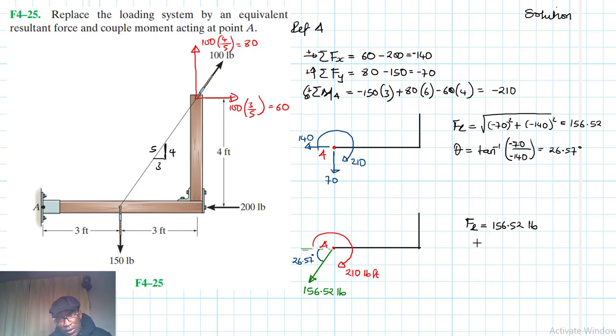And then we have the angle itself, which we just calculated and showed also, 26.57, and then we have the resultant moment, which is equal to 210 pounds feet.